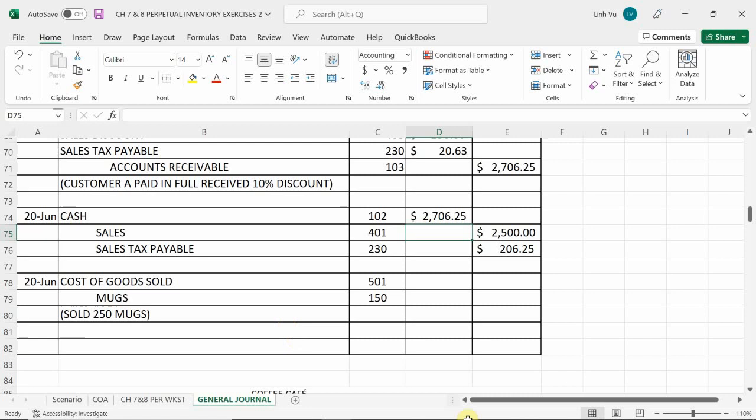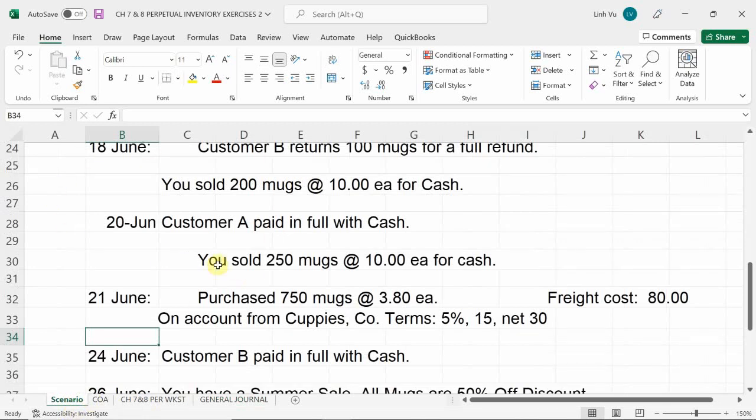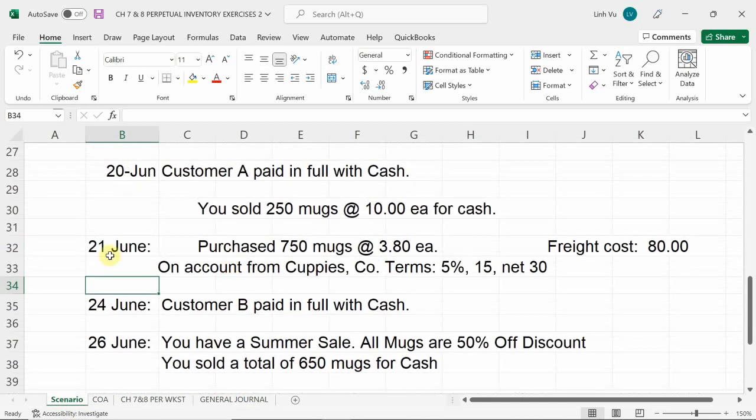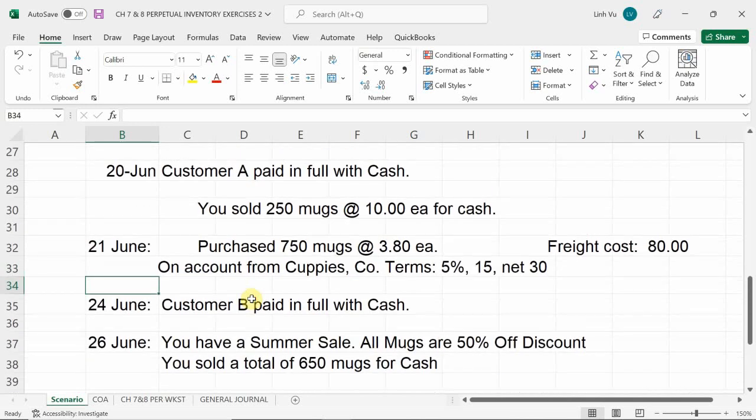Okay, so journal $938.82 is what it cost me to sell 250 mugs. So then here on June 21st, we end up purchasing 750 mugs at $3.80 each, with the freight costing $80, from Copies Co. Terms are 5%, 15, net 30.